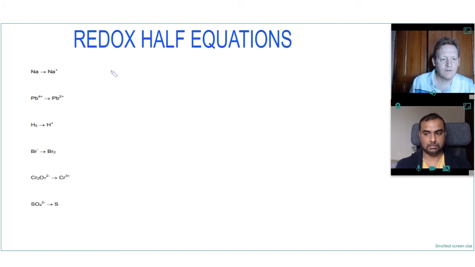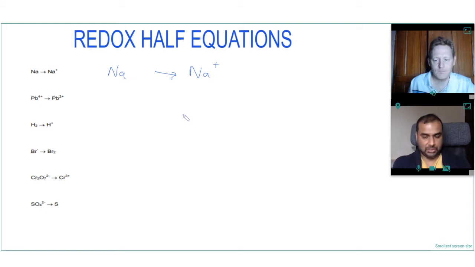So if we have a look at the first one, sodium to Na+, well, the sodiums are balanced. So we just need to balance the charges, and we balance the charges by adding electrons. Perhaps Atto, you could tell me where the electron would go.